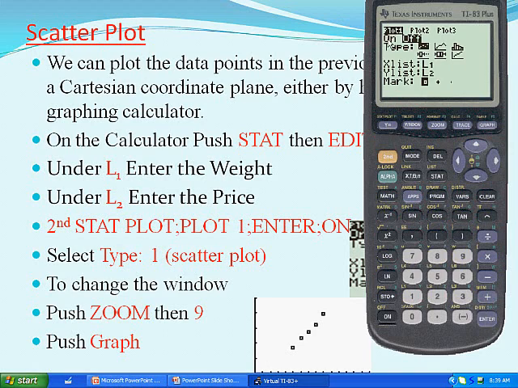So we have on off keys here, highlight on and then press enter, that will be selected. Then scroll down and the scatter plot is the first item there. Again select. Now we are going to change the window. Press the zoom button and then press 9, which is zoom stat. The graph shows up in this window here.